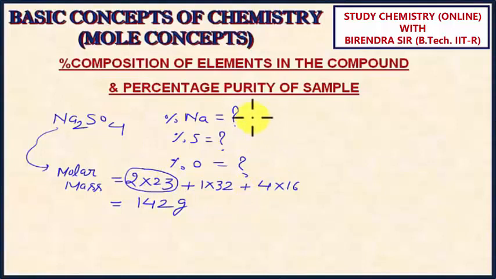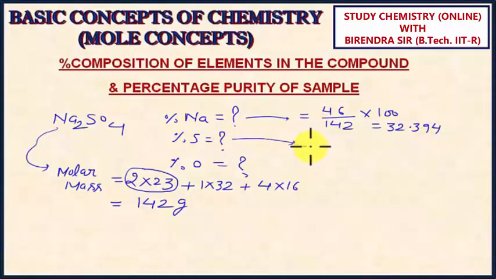So if I want to find percentage of sodium, I will write the contribution of sodium upon the total, that is 142 gram, into 100. This is the percentage of sodium and the value comes as 32.394.